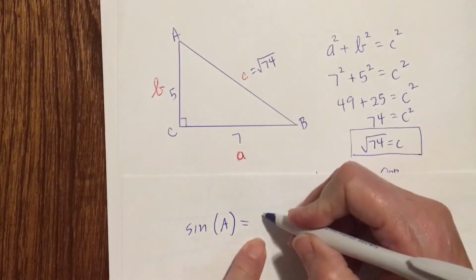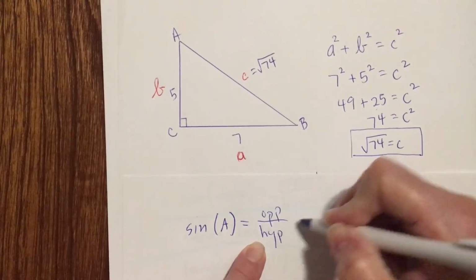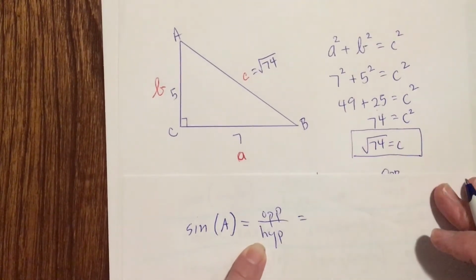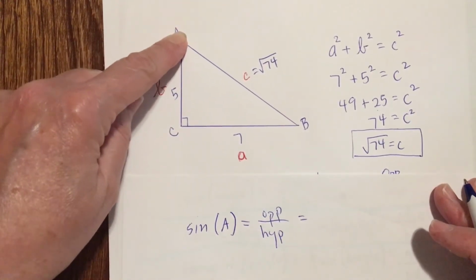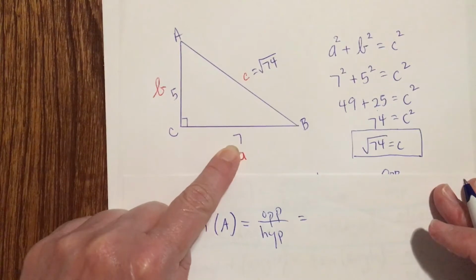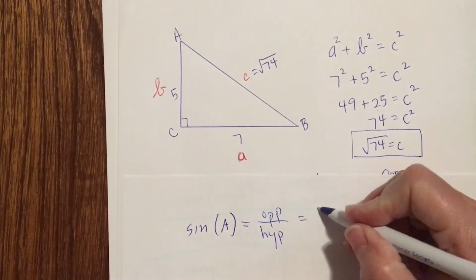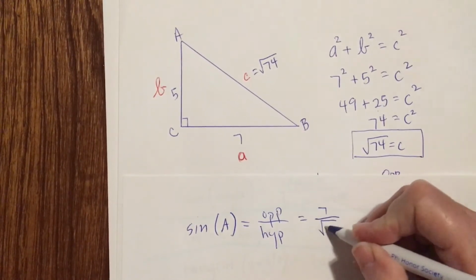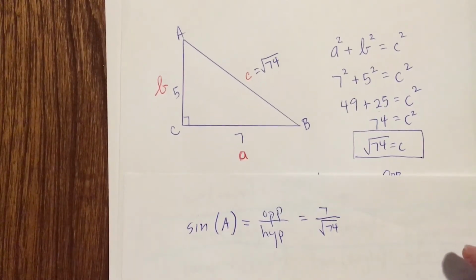That is opposite over hypotenuse, but it's the opposite side from A. So I have to look at A. If I come through the triangle, I get to side 7. So the sine of A is 7 over the hypotenuse, which is the square root of 74. I'm just going to leave it that way, square root of 74.